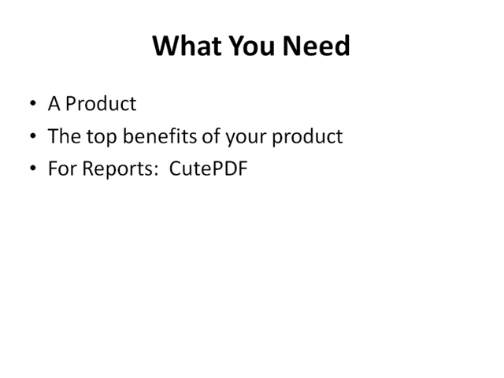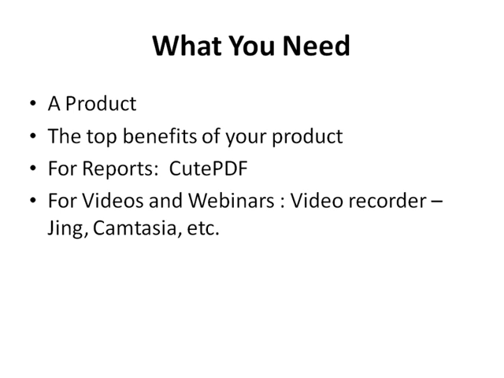It's free. For videos and webinars, you need some sort of video recorder and, of course, a microphone. Most of you have this type of stuff. You may not necessarily have video recorder software, but there's Jing, Camtasia, and many other free software that I will show you in that specific video.